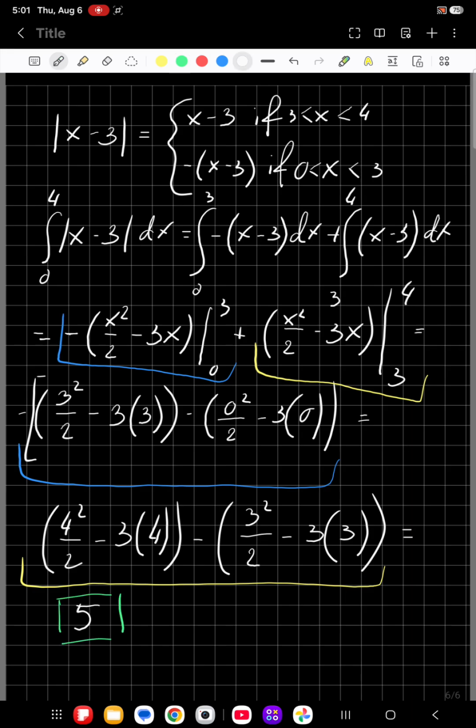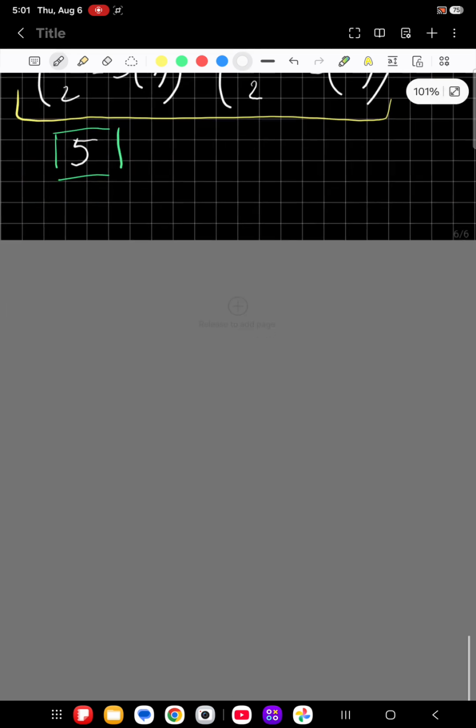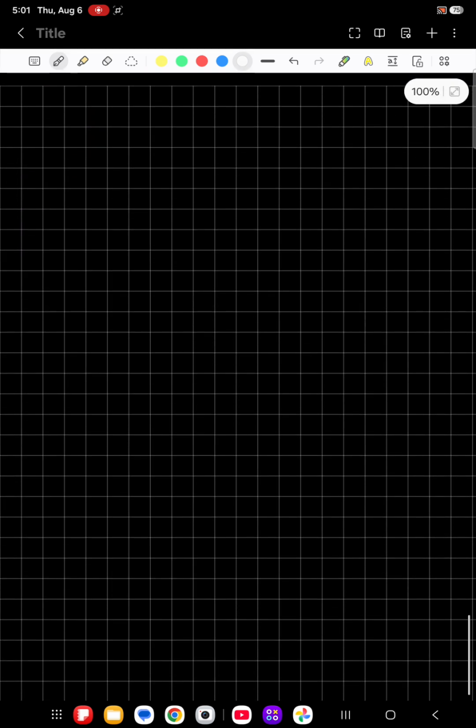And let me give you a problem for practice, and then that's going to be it. So practice. Evaluate the definite integral. Just one problem.